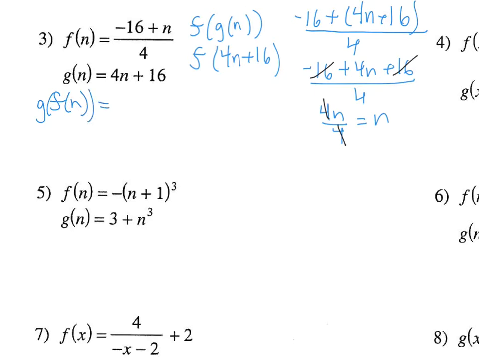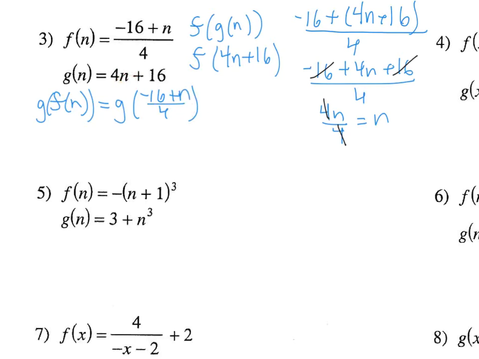Now this time, that's g of all of f of n, which is that fraction, negative 16 plus n, all over 4. So again, this is now my input into my g function. So all of this is going to take the place of the n variable.